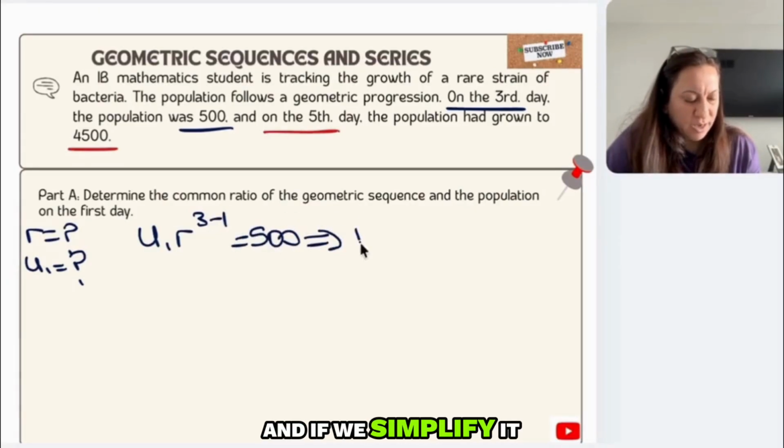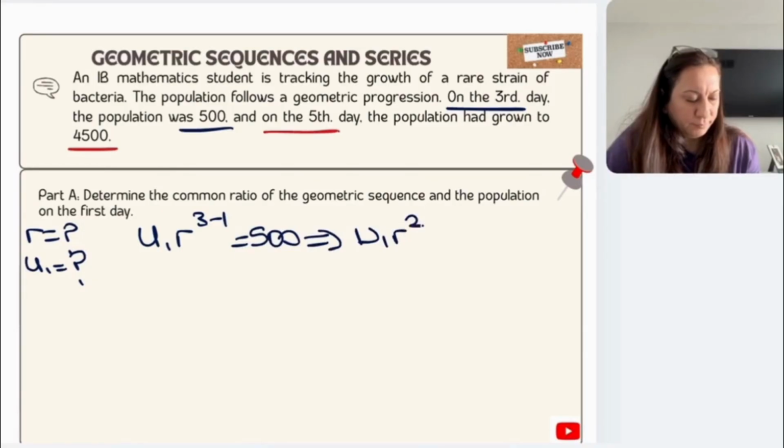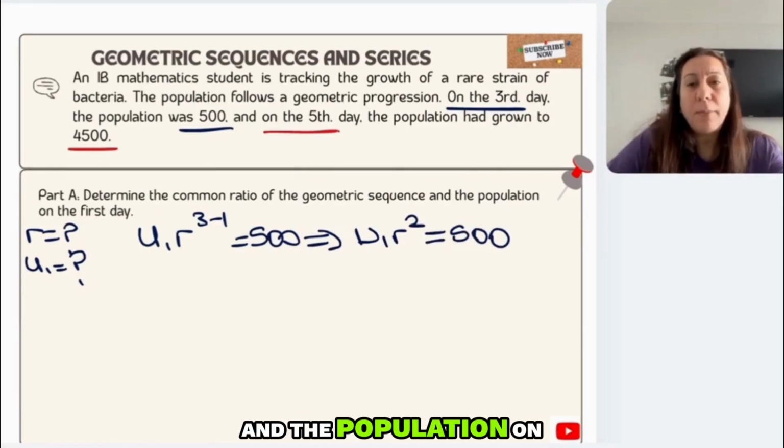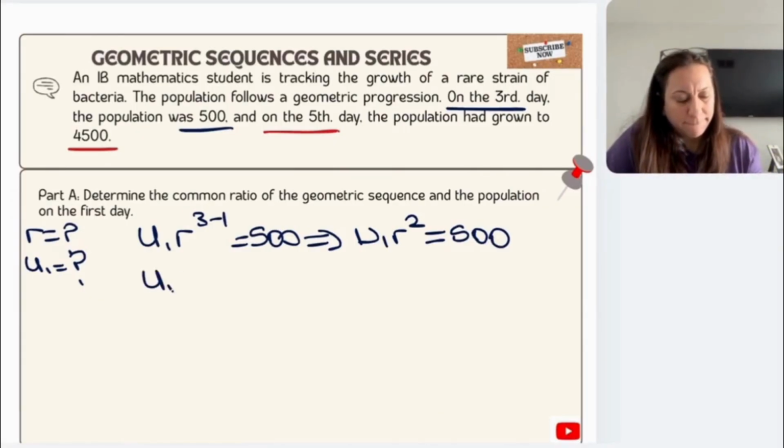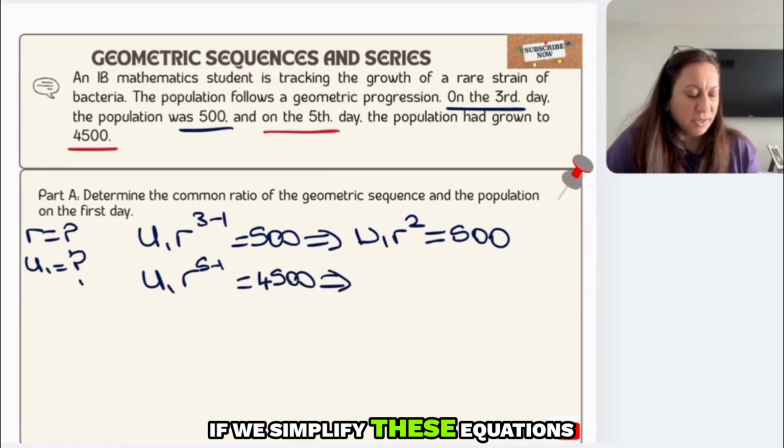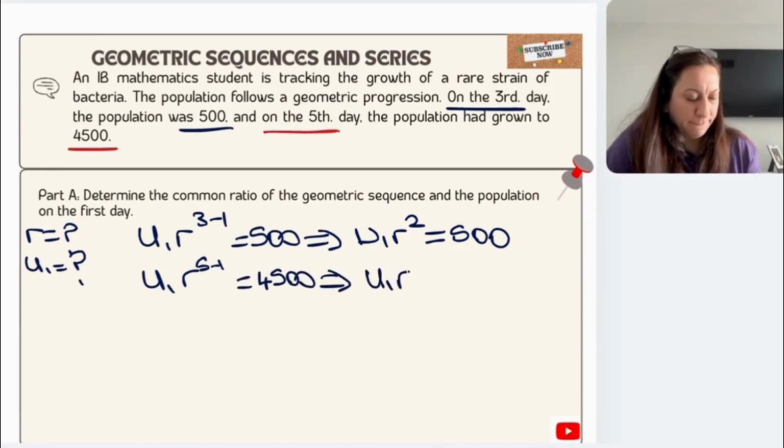And if we simplify it, and the population on the fifth day is 4,500, we simplify these equations.